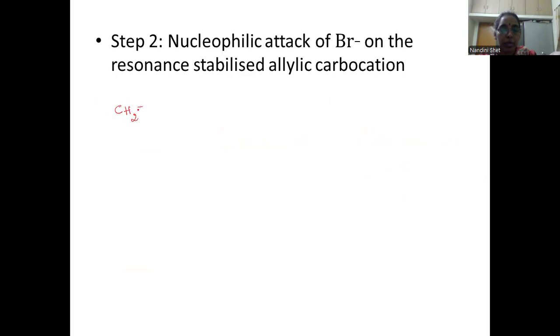CH2=CH-CH+-CH3. This was our carbocation A. Now it is attacked by the nucleophile. Nucleophile is Br minus.